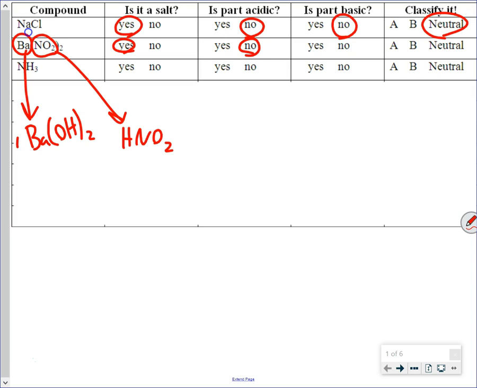Nitrous acid is weak. Now, that anion coming from a weak acid is the conjugate base of that weak acid. And because it came from something weak, that conjugate base will actually have basic properties. So, is the other part basic? Yes, it is. What that gives us then is an overall salt that does have basic properties.